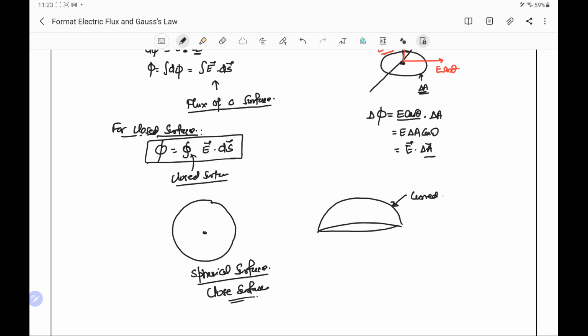This is the curved surface which is hemisphere in shape. This surface is an open surface. And if we also include this circular surface, then as a whole, this curved surface plus this circular surface combinedly form a closed surface, as now they enclose a volume.